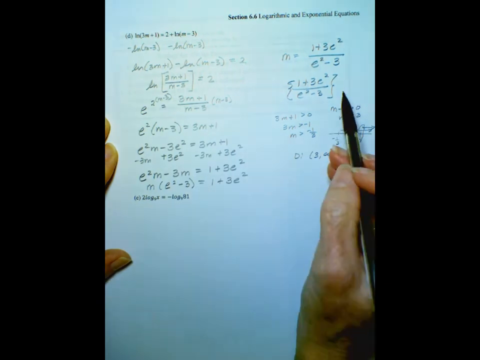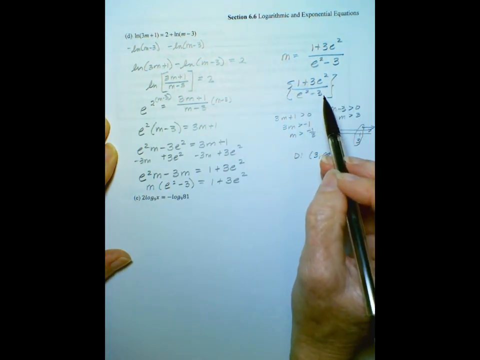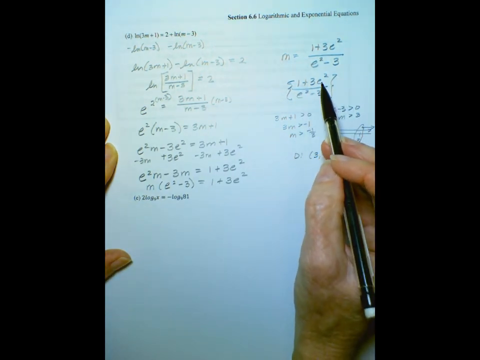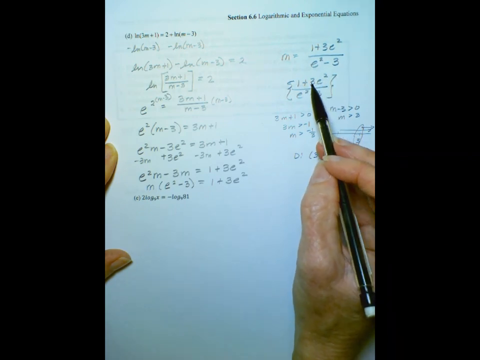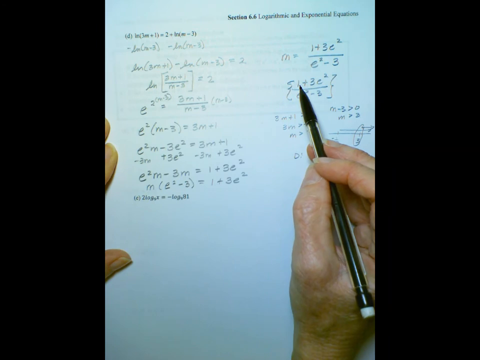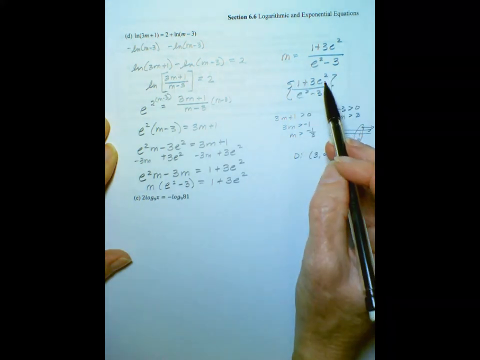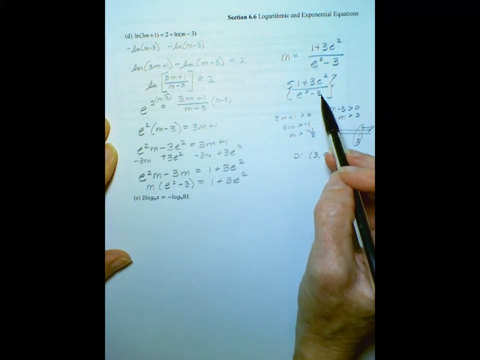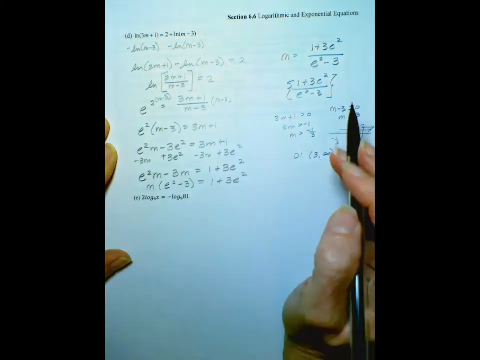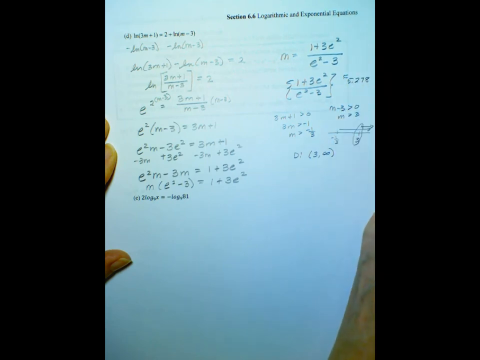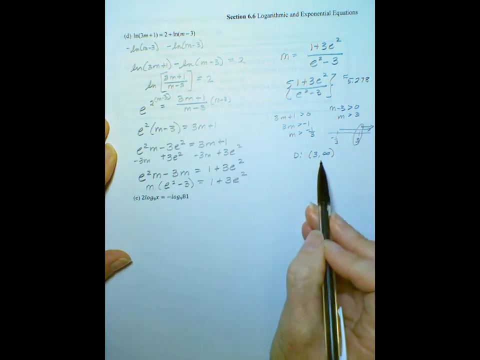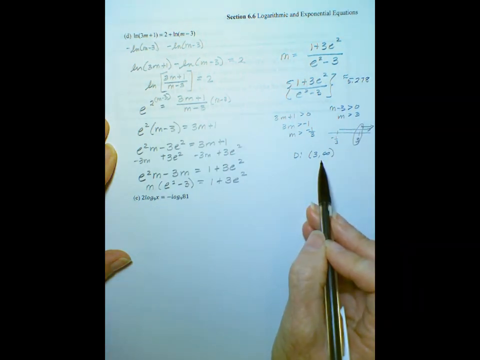So actually calculating that is necessary. So on your calculator, raise e to the second power, multiply by 3, add 1, that's your numerator, raise e to the second power, subtract 3, that's your denominator, and you should get something like 5.278 approximately. Now I know whether or not it's in the domain. Is it in our domain?